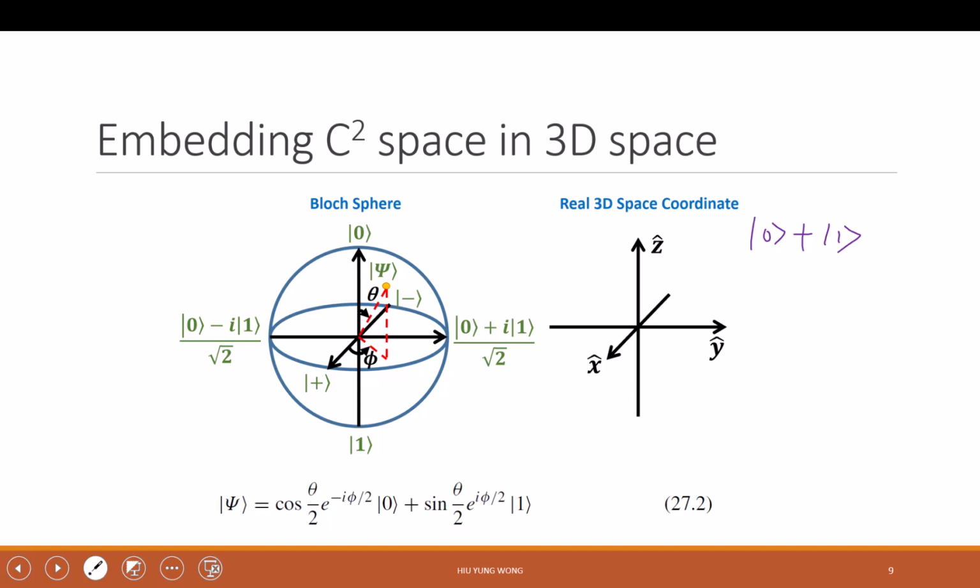No, because you only think that is 0 if you think that it's a real vector in our 3D space, then of course one pointing up, one pointing down, adding together is nothing. But again, no, |0> plus |1> is a state on the equator. So do not think that this is a vector in our 3D space. That is the thing that confuses people a lot.